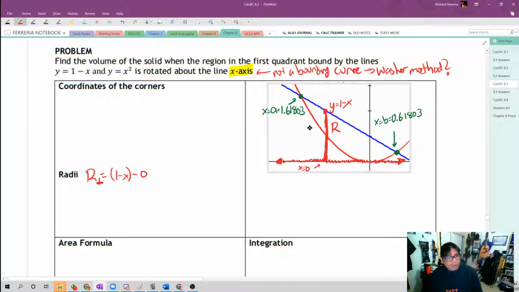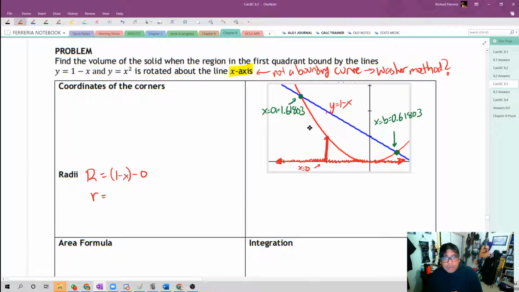So that's our big radius. Our little radius is going to be the distance from the axis of rotation to the closest curve to it.